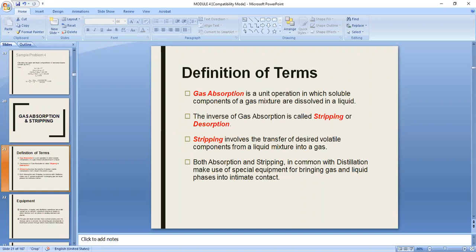So absorption, stripping, and distillation have something in common in that they use this special equipment to bring the gas and liquid phases in intimate contact.